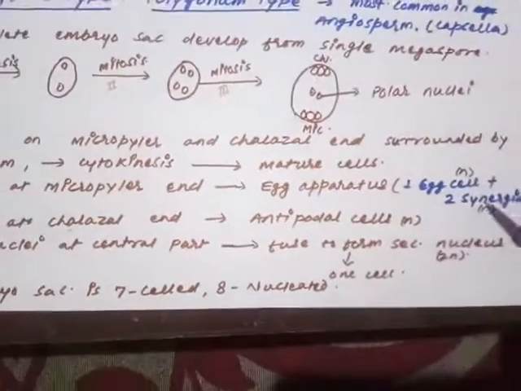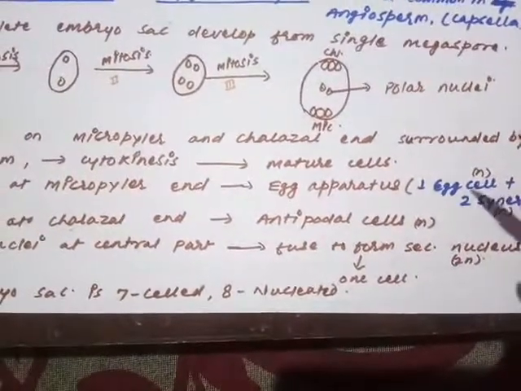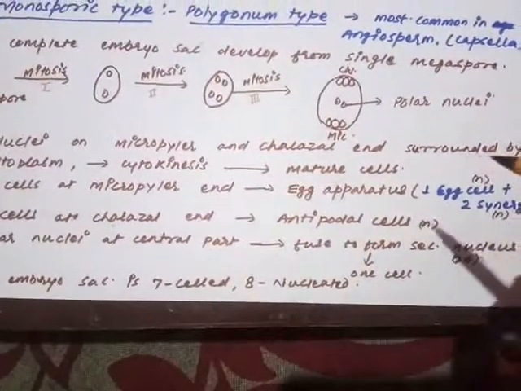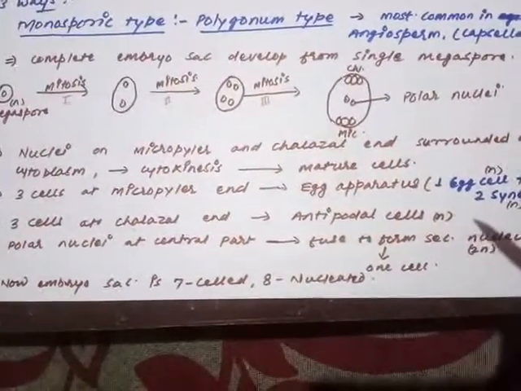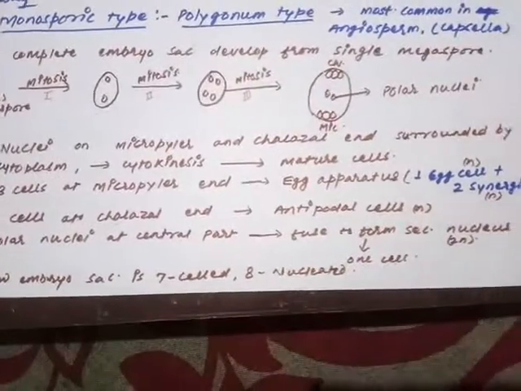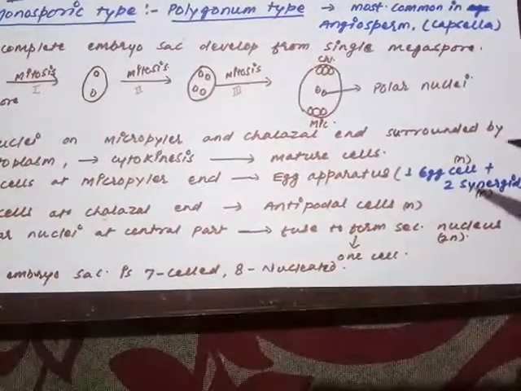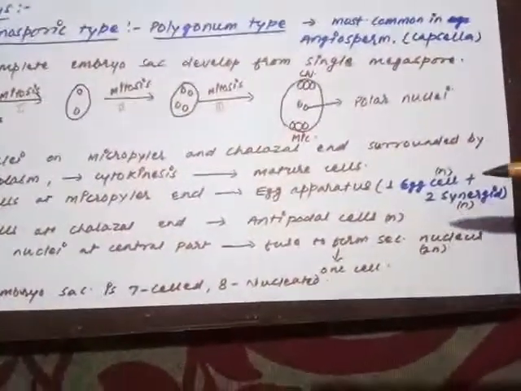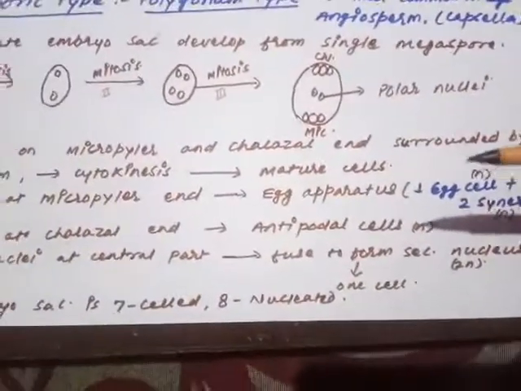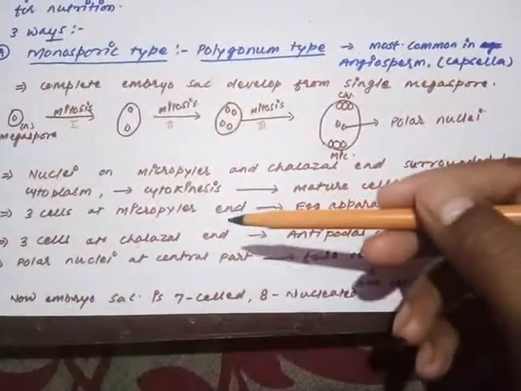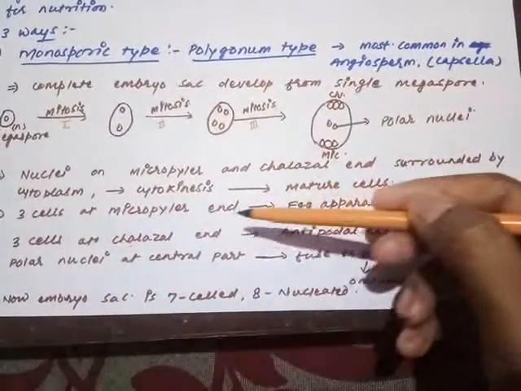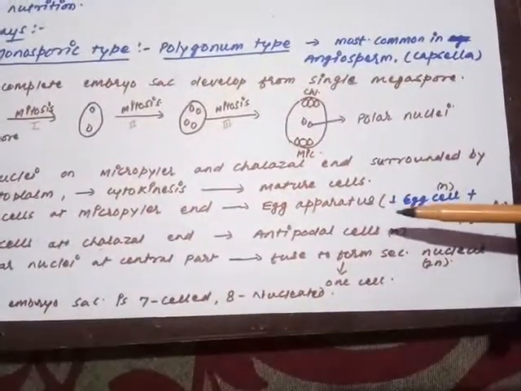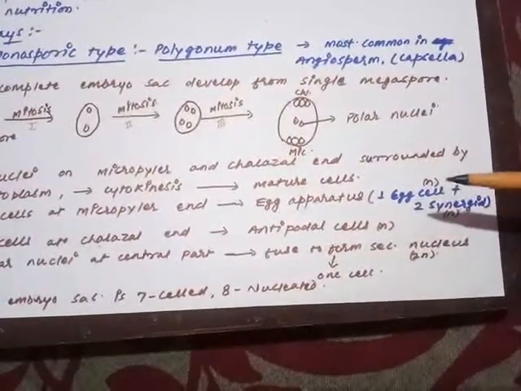Remember, very important, all these cells are haploid in nature, because all the cells are produced from the megaspore, which is haploid, and the megaspore has undergone mitosis only. So the 3 cells at the micropylar end will produce the egg apparatus.